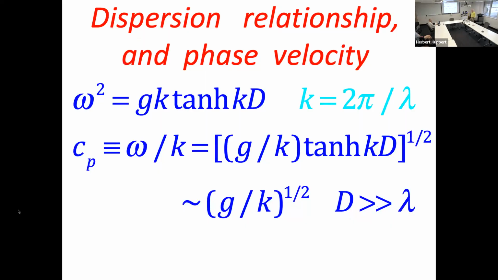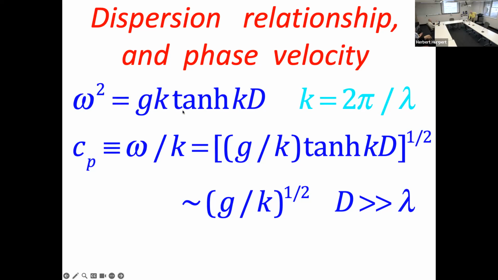Now, we're all used to waves on the ocean and the idea that they propagate. And the important idea quantitatively is that there's a dispersion relationship which links the frequency omega, which is 2 pi over the period, to the wave number, which is 2 pi over the wavelength, depending upon the depth of the fluid layer over which the waves are propagating.